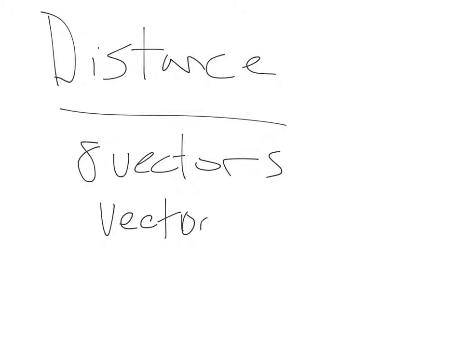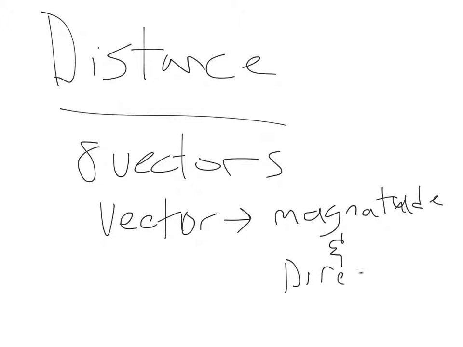All right. A vector is magnitude and direction. Like your directions here, it may have said 3 north, 5 west, whatever. That gives you a magnitude and a direction.